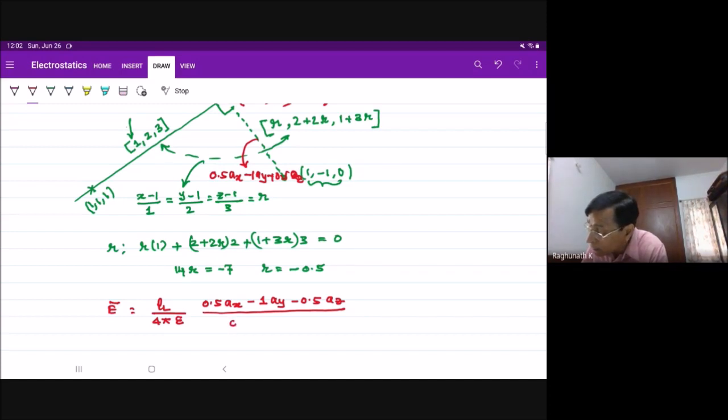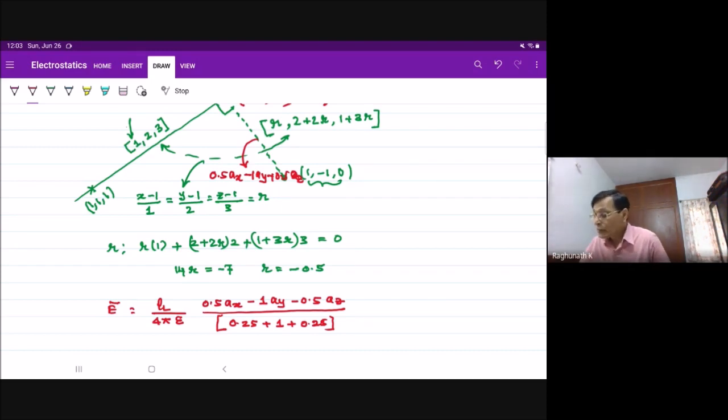What is that? 0.25 plus 1 plus 0.25 is 1.5. Correct? X component squared, Y component squared plus Z component squared. Under root is mod R, whole squared is without root, which is 1.5.